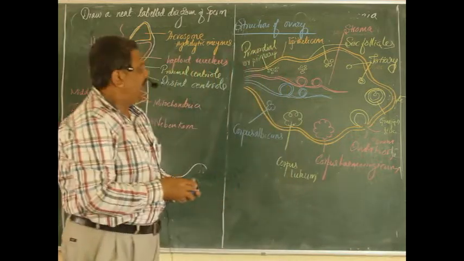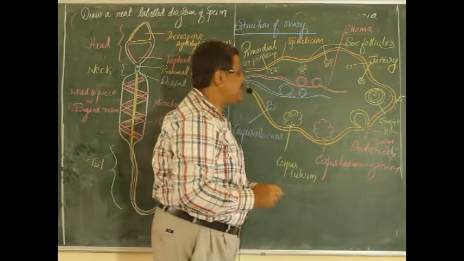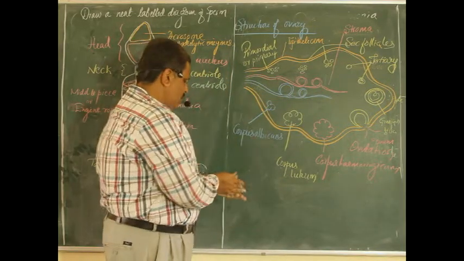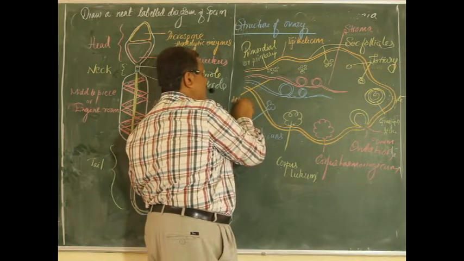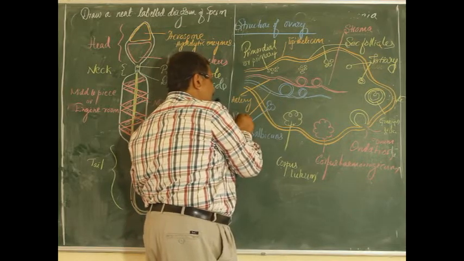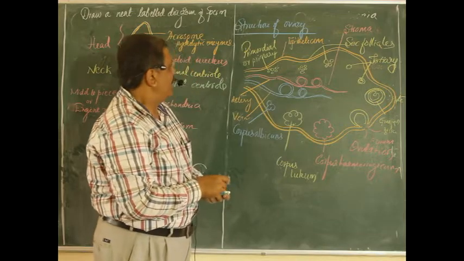Now, look here, there are two parts. The central part is richly vascularized with arteries and veins. So, this is an artery which carries pure blood, and this is vein which carries deoxygenated blood away from the ovary.